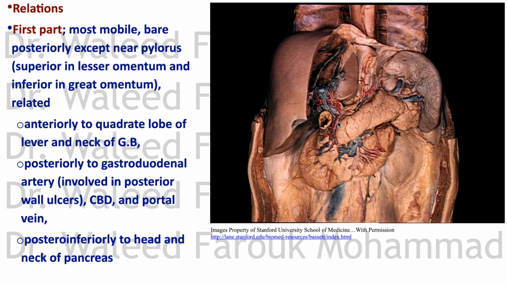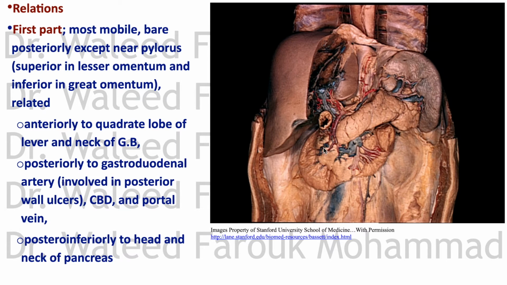You can see the relation here: it sticks to the back of the first part of the duodenum. It also has the common bile duct and the portal vein posteriorly before they open into the second part of the duodenum.